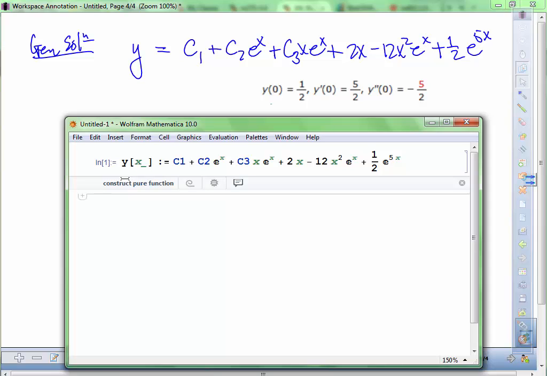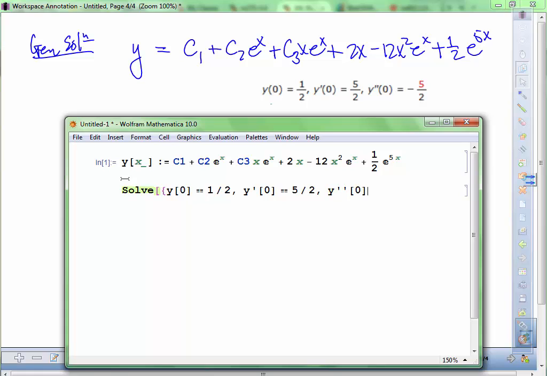I could take the derivatives and then solve for this, but I'm just going to go directly to solving for this. Solve, and I'll have 3 equations. That's y of 0 is equal to 1/2. I got y prime of 0 is equal to 5/2, and y double prime of 0 is equal to negative 5/2.